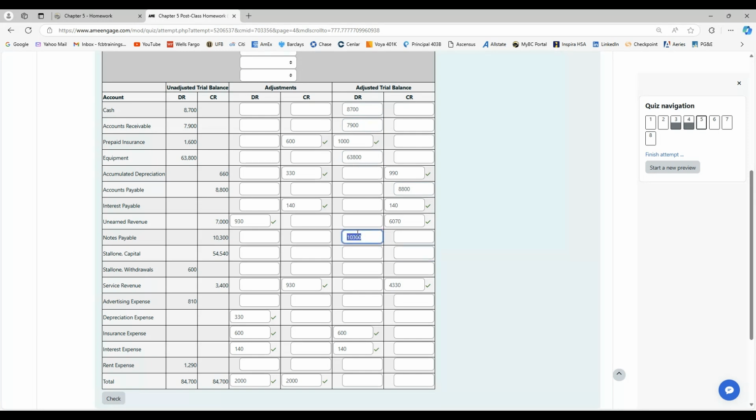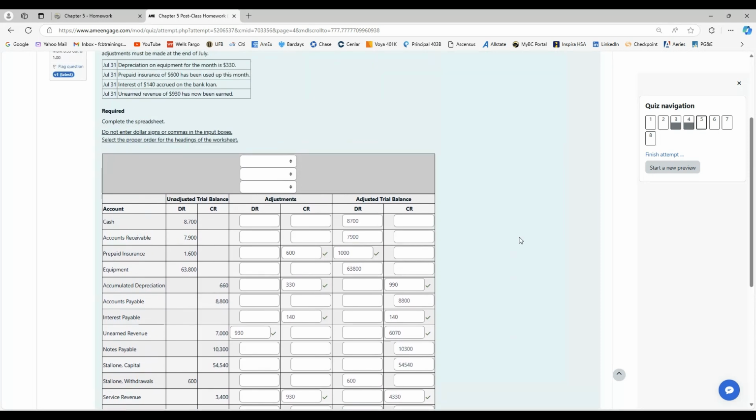Oh, sorry, I put that as a debit. That should be a credit. Gotta carry down the number. Rent expense. I don't think it said anything about rent in this one, right?